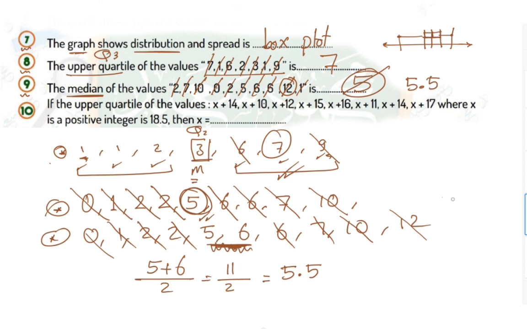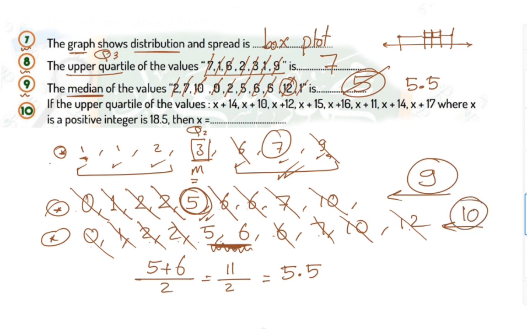Okay, so what's the difference between the first case and the second case? The first case, count with me, 1, 2, 3, 4, 5, 6, 7, 8, 9. It's 9 numbers or 9 values. But here we have 1, 2, 3, 4, 5, 6, 7, 8, 9, 10. We have 10 values.